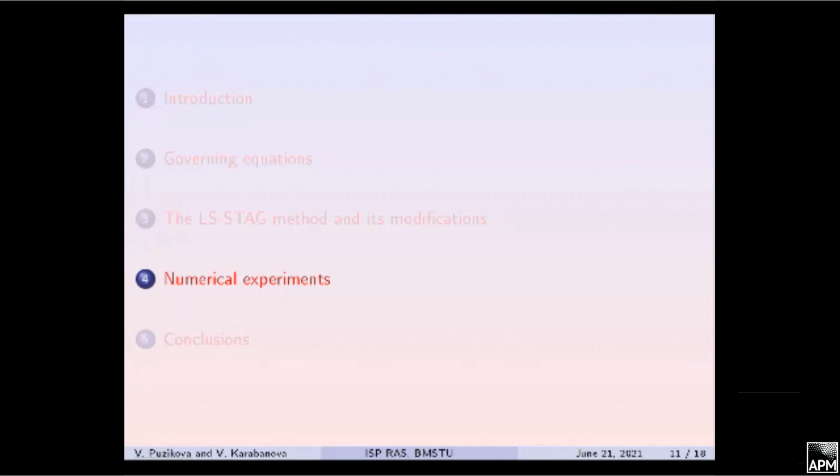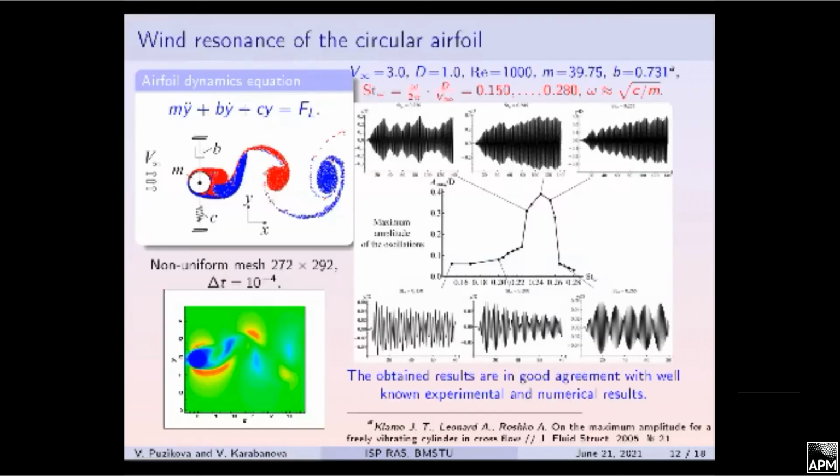A number of model problems had been considered before simulation of tube bundle flow-induced vibrations: flow around a fixed system of circular airfoils, wind resonance, and buffeting, which are presented now. To simulate the wind resonance phenomenon, we considered the motion of the circular airfoil across the stream with one degree of freedom.